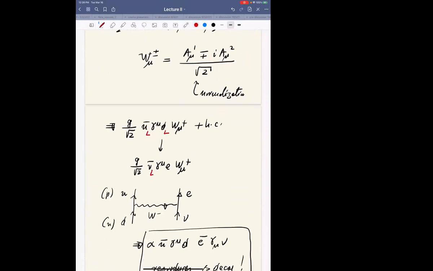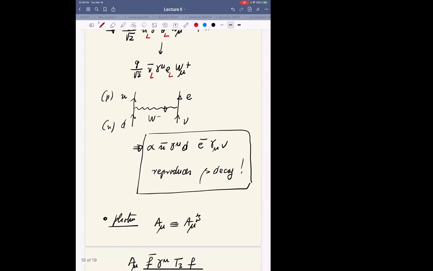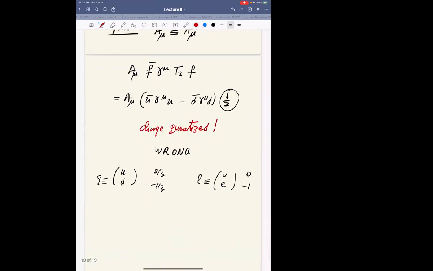For example, left-handed neutrino, left-handed electron, and so on. And I will have a V minus A theory, but in order to do that, my quark and lepton doublets must be left-handed. But if I do that, I get immediately a prediction from here that this is also left-handed. So I have a double problem.